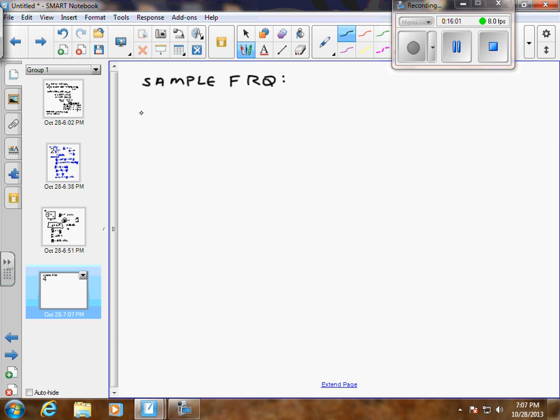Suppose you have the function f of x is the square root of the quantity 1 minus cosine of x. Part A. What is the domain?